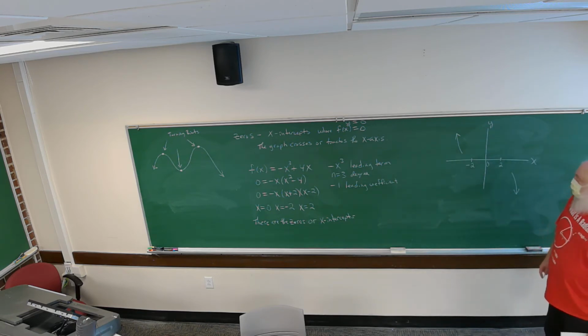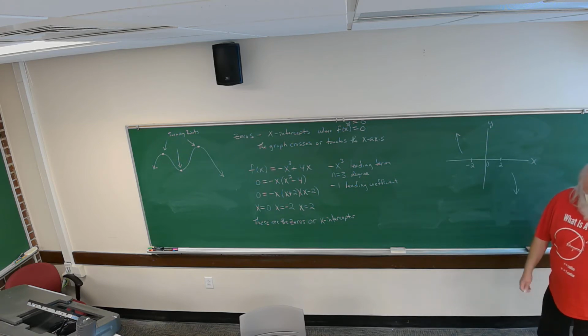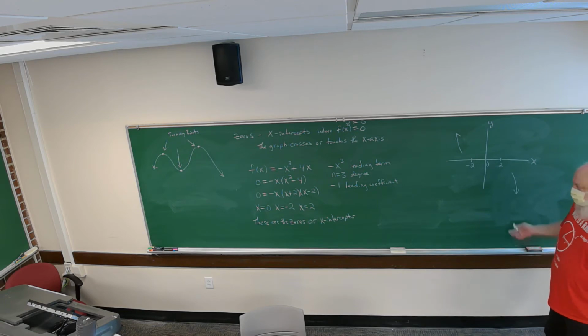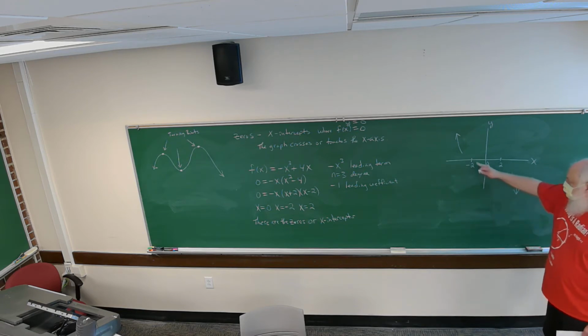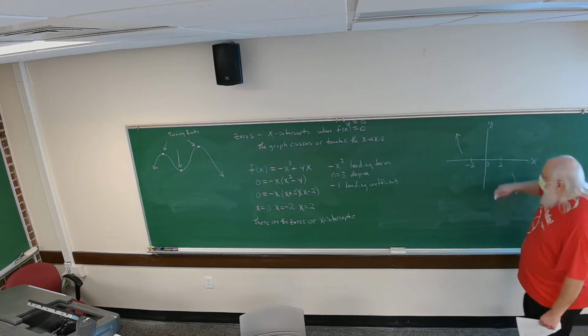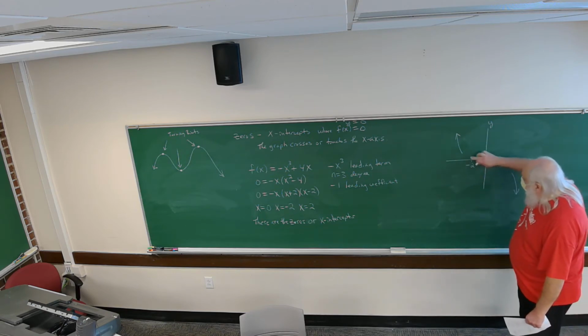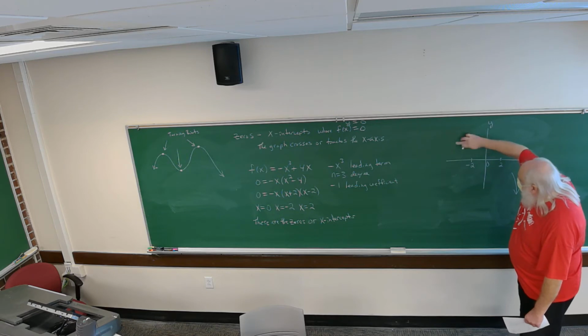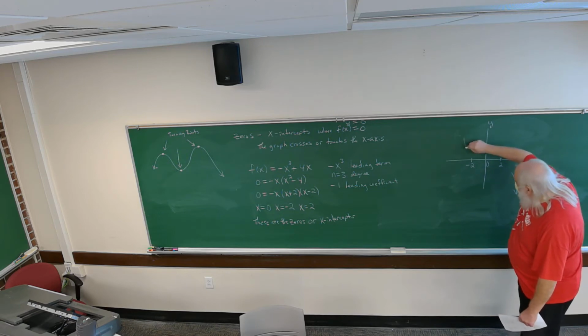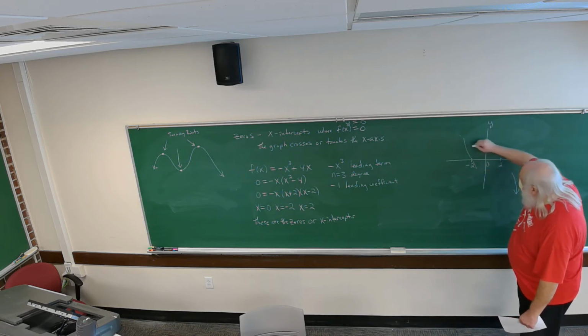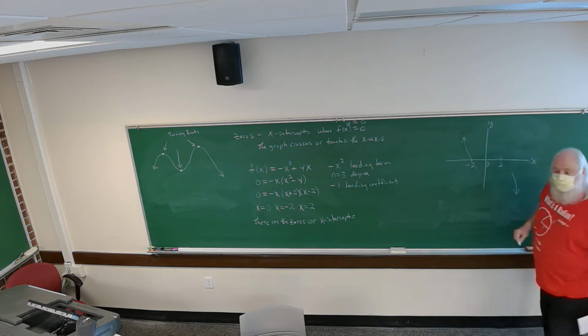Okay. And we're going to be talking about multiplicity here in a second. But you just have to take it by faith, right? What I'm telling you is that the graph crosses at each of these zeros. So if it crosses at x equals -2 and it goes up on the left here, it must come down something like that, right?